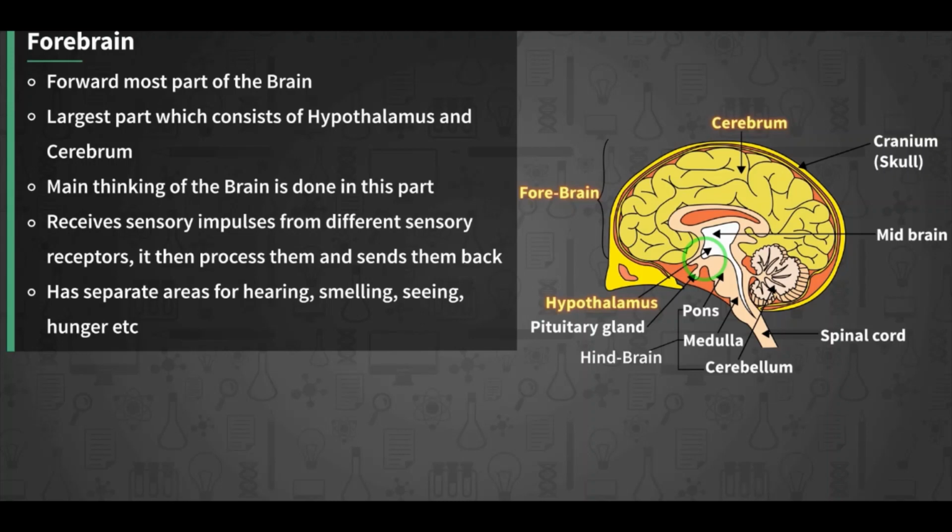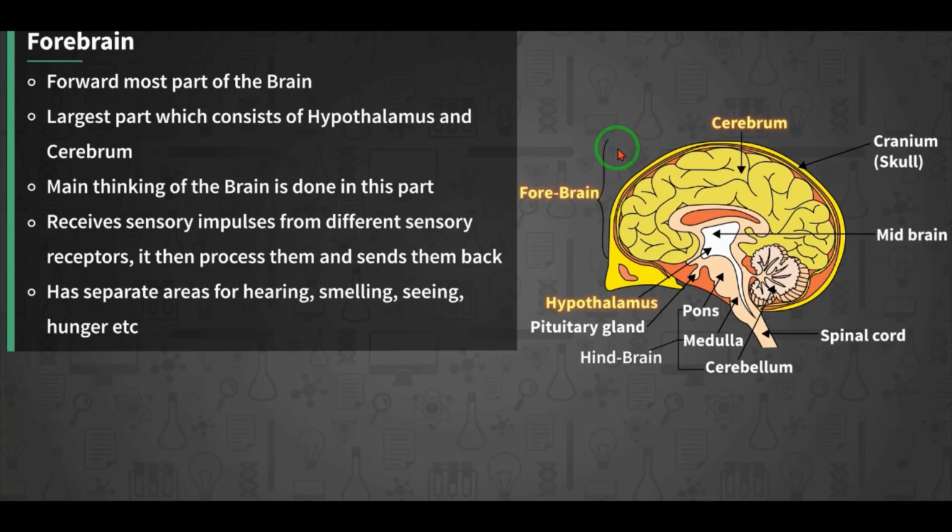It controls the secretion of hormones from the anterior pituitary gland and is an important link between the nervous system and the endocrine system.